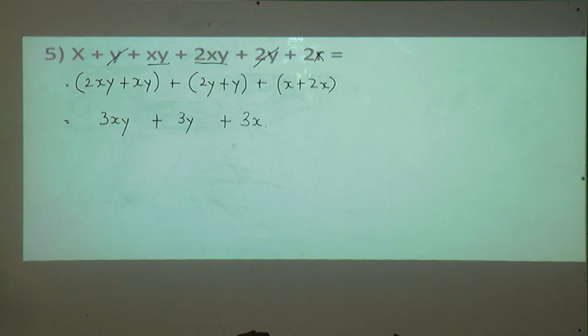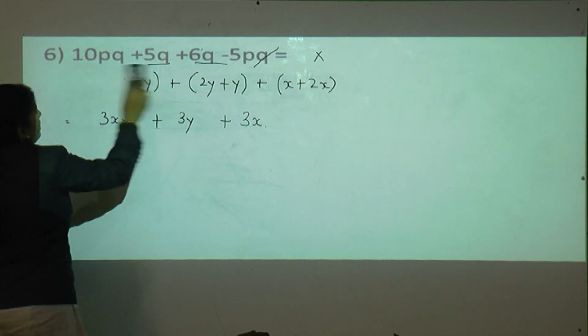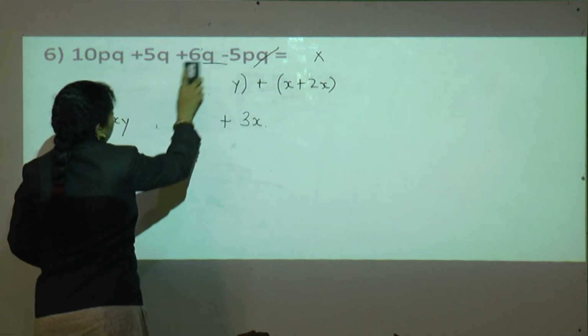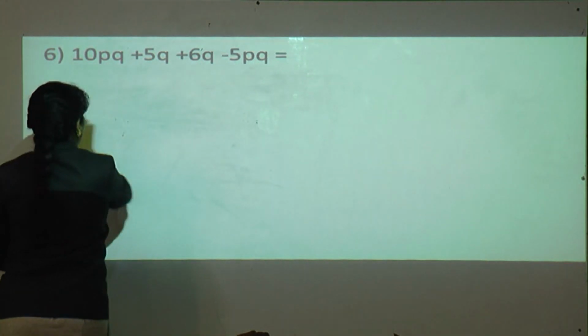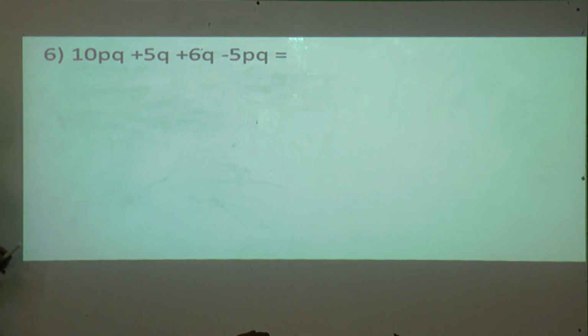Okay. Now next one, 10pq, 5q, 6q minus 5pq. So first we'll see, students, just make a group of like terms.